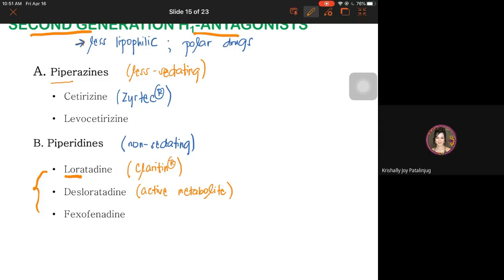So fexofenadine is also a non-sedating second generation histamine 1 blocker. Ito naman marketed under the brand name Allegra.